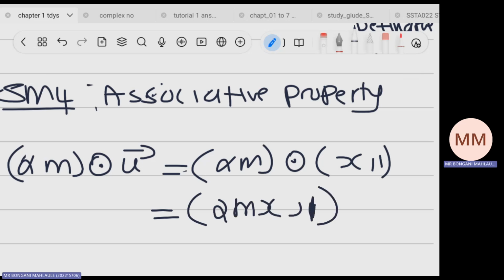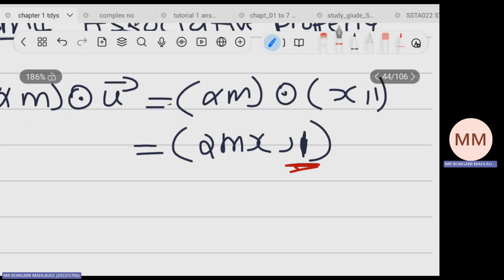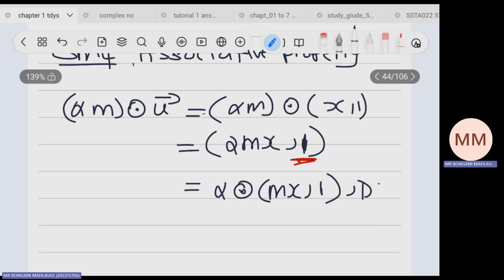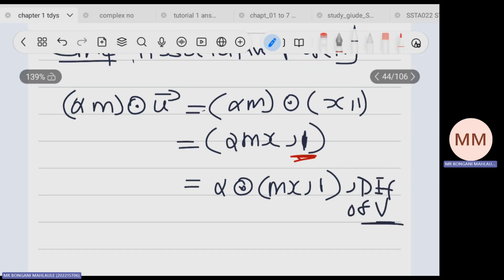Then one is always fixed. Remember that. Then if I take out alpha, this will be alpha multiplied by mx, comma 1. You'll be left with this by the definition of our vector space.